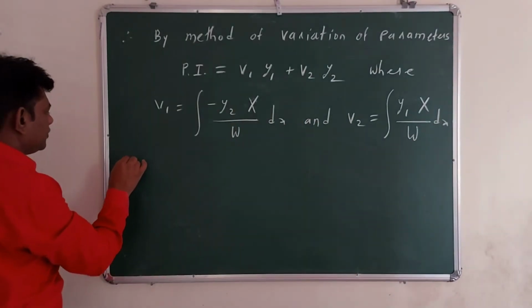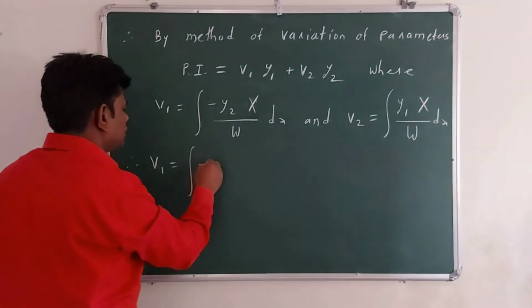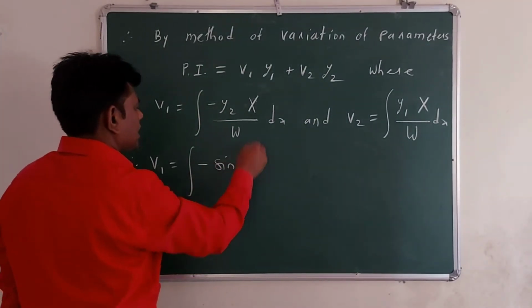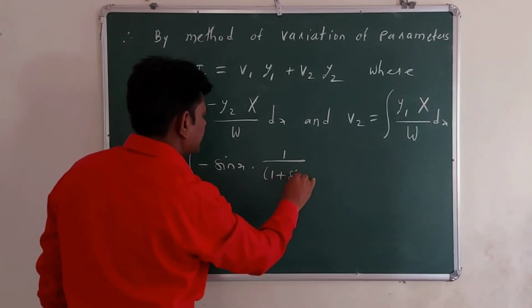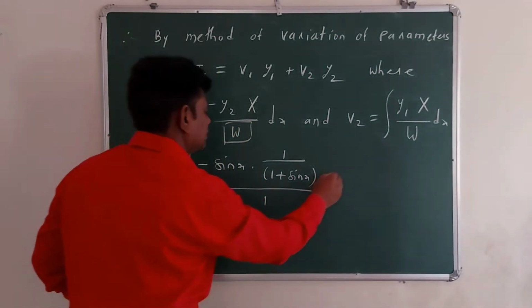Now v1 is the integral of -y2, here y2 is sin x, and capital X is 1/(1 + sin x), divided by W, and here W is 1, dx.